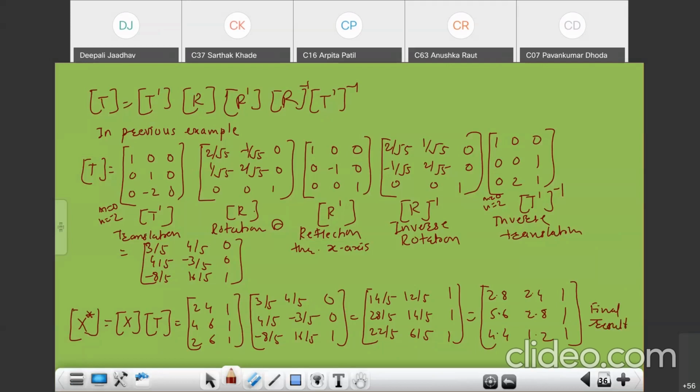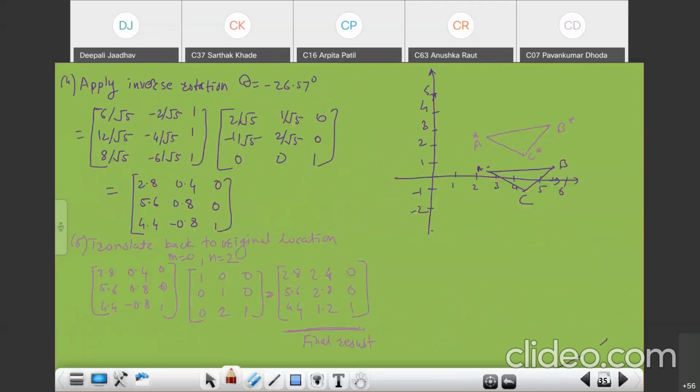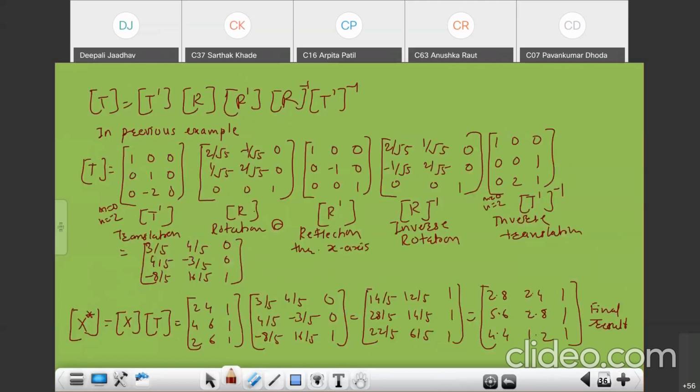If you observe the previous one, it is there. So all these 5 steps you can perform in a single step, but you need to write the transformation matrices very clearly. These 5 matrices are very important here, and the multiplication of them is also important. If anything is wrong with that multiplication, the result will be wrong.